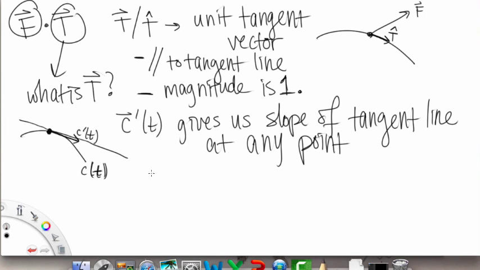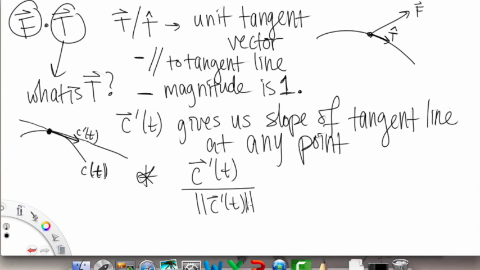So what we have to do now is what's called normalizing. Normalize just means make some vector into a unit vector. So in order to normalize this, we take the c prime of t, and we just divide by its magnitude.